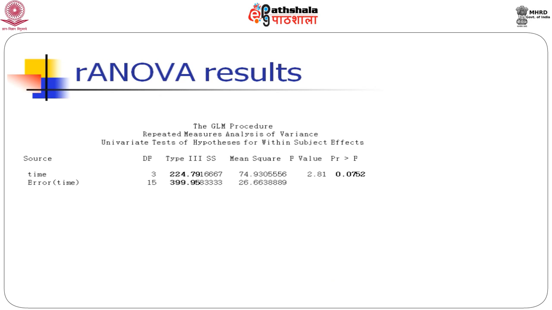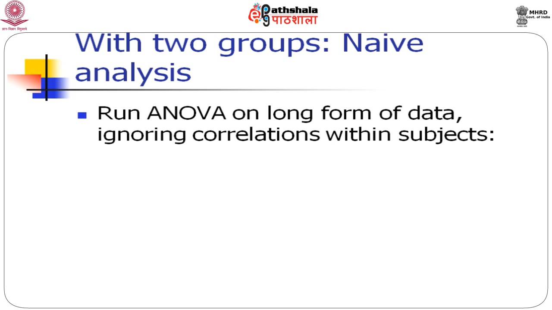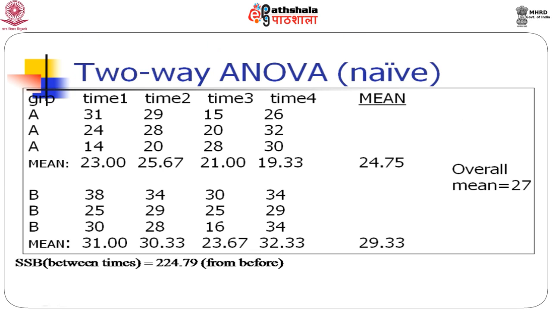Now if you think of two groups, before that I did not talk about the two groups. So you have 2 groups, A and B, with 3 subjects each. You see time 1, time 2, time 3, time 4, and in group A there are 3 individuals, similarly in group B. SS between times can be computed as earlier.